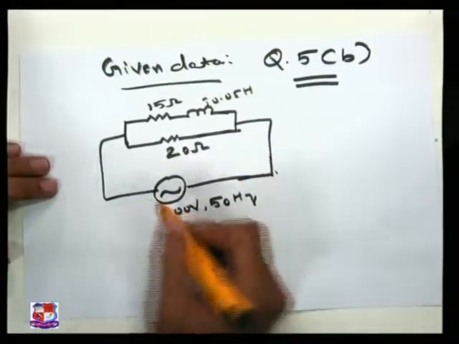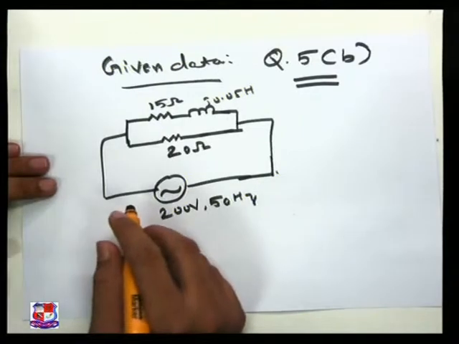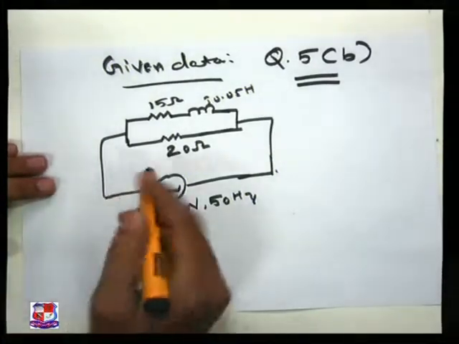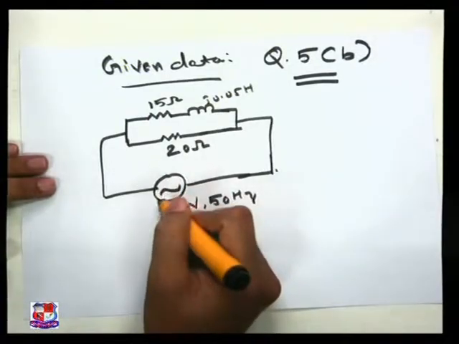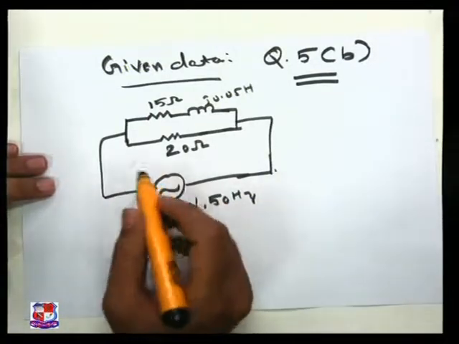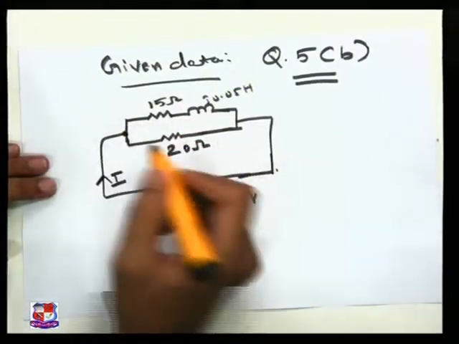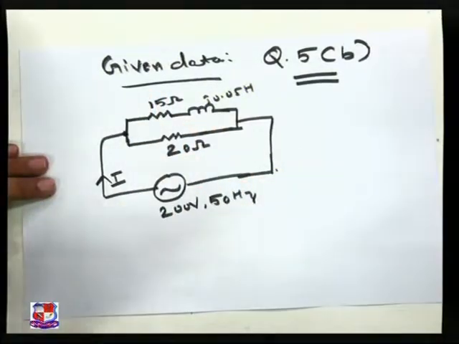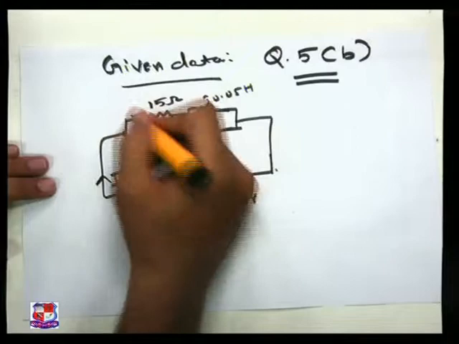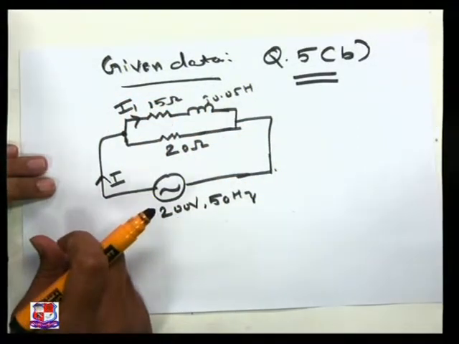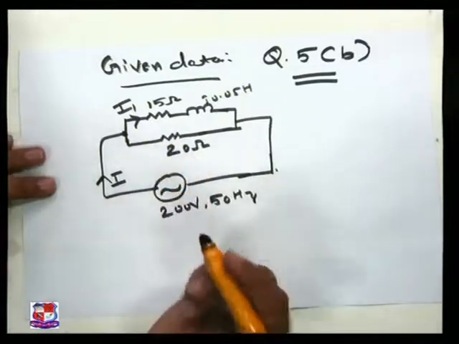If a numerical like this is asked, first you draw a circuit. Because the circuit is closed and we are applying a voltage, current is going to flow, so I am taking I as the total current. It will be distributed at two junctions. First it will go to the combination of 15 ohm and inductance of 0.05 Henry, and I am denoting that current as I1.